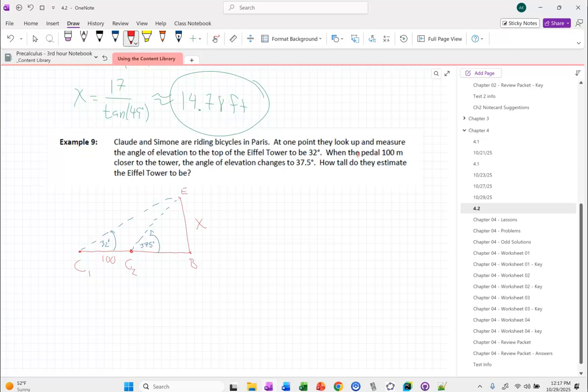So would you only use the inside one? Well, if I look at this, do I know two sides of any right triangle that I've drawn in this picture? Isn't it, you have two, because it's C1 minus 100, right? Is that one side?